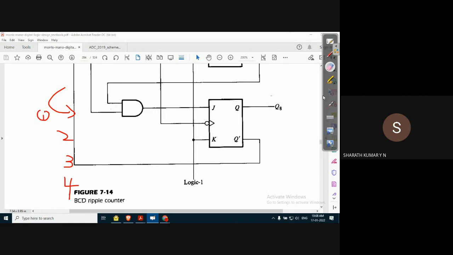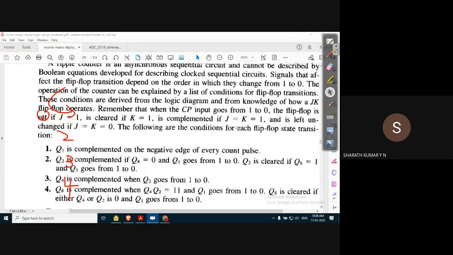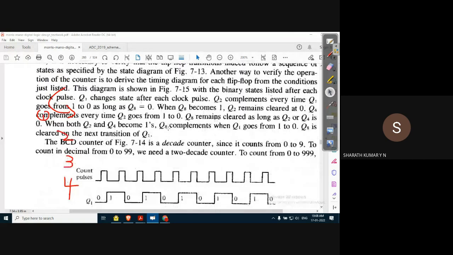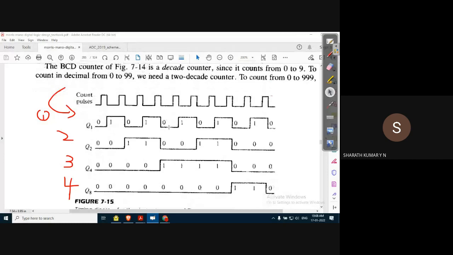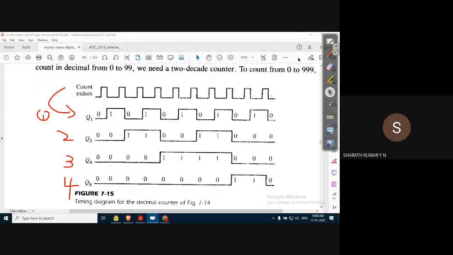So we have four flip flops. The first flip flop gets the clock pulse. When it goes from 1 to 0, that transition will trigger the second flip flop to go from 0 to 1. Similarly, when the second flip flop goes from 1 to 0, the third flip flop will go from 0 to 1.